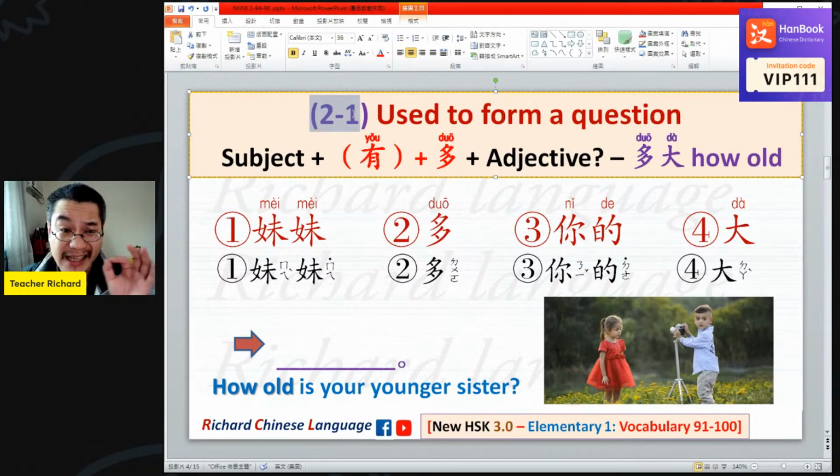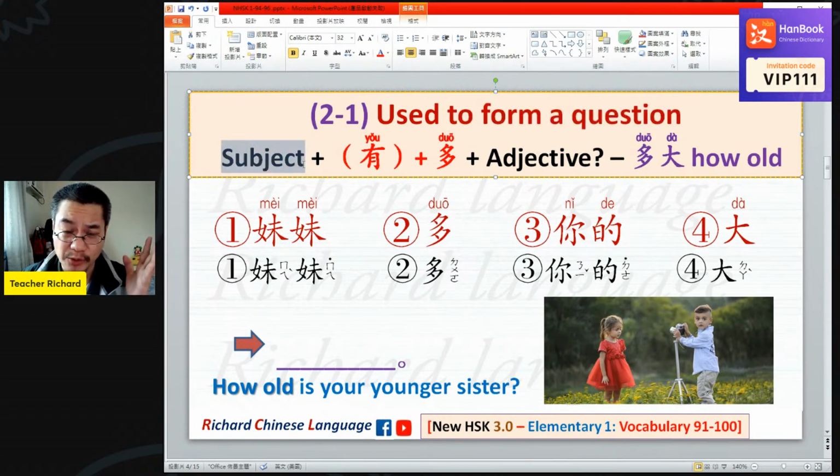Okay, and the second grammar point about 多 is to use it to form a question. So here this is another meaning for 多, so please pay attention here. Here 多 we use it to form a question.